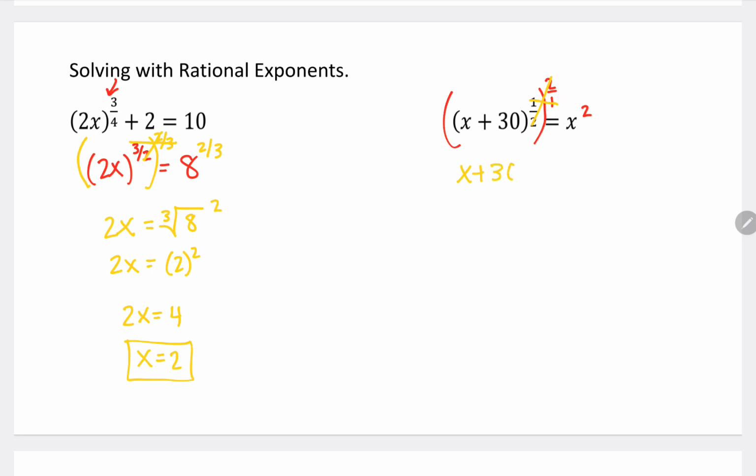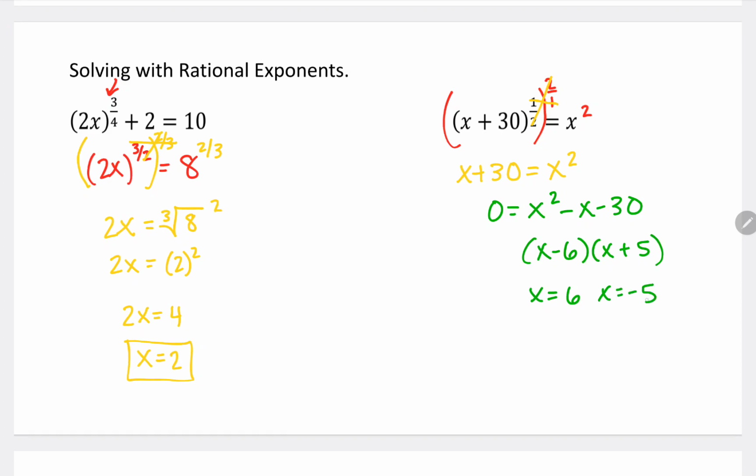So we're just left with the x plus 30. But on the right side, instead of x, now it's x squared. This one's a quadratic, so we do need to make it equal to 0. I'm going to move everything to the right side of the equal sign. It's factorable. X equals 6 and x equals -5.